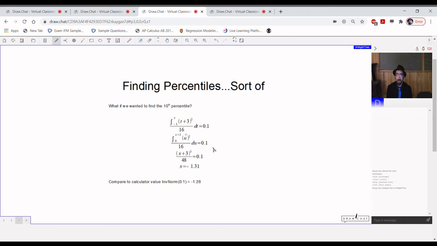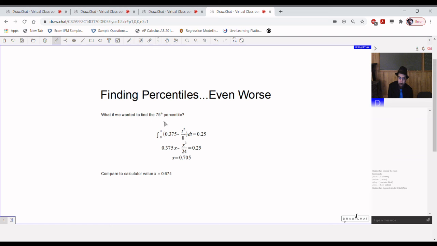Then we run into even more trouble if, rather than trying to find something near the tail, we try to find something in that center range. There our integral is 0.375 minus t squared over 8. If we're looking for the 75th percentile, we know that at 0 it's the 50th percentile, so we only need the remaining 25% to get the 75th percentile. We integrate this, and we get this nasty equation.